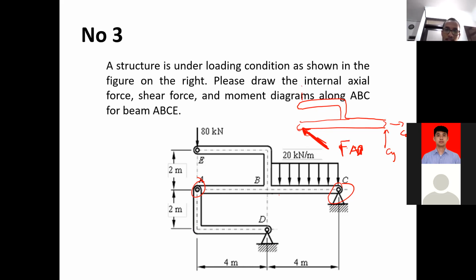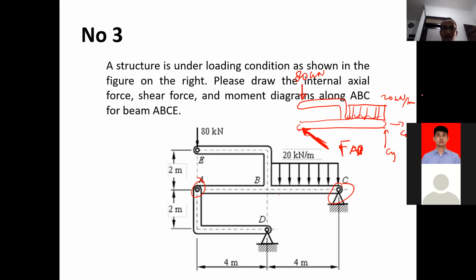And here we have 80 kilonewton downwards, and we have a distributed force here, 20 kilonewton per meter. Okay, Alberto, correct, right? Yeah.